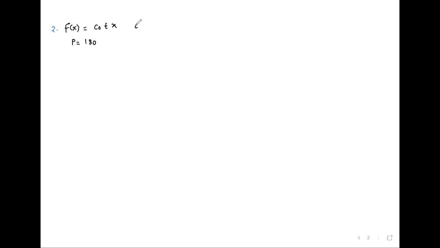So I want to sketch again from 0 to 360. And then amplitude, same. So we go to horizontal shift, 0, and the scale. The scale is 180 over 2, which is 90 again.